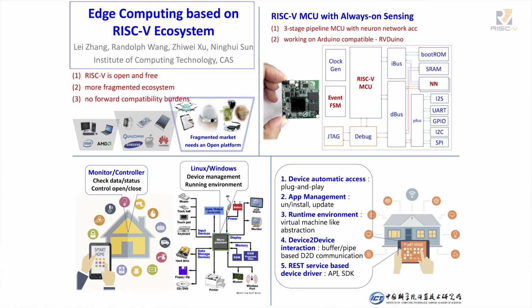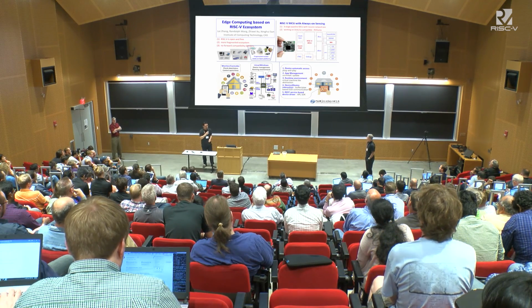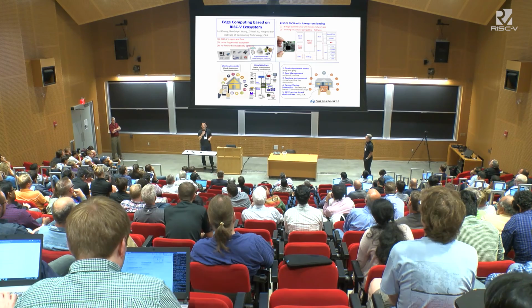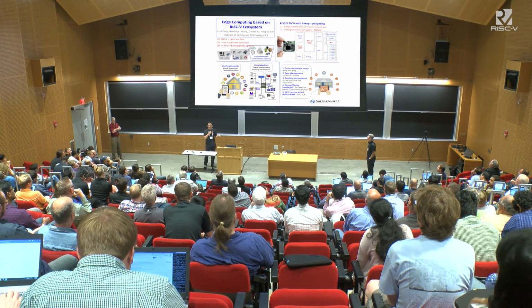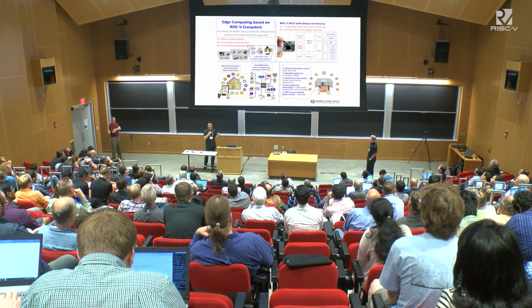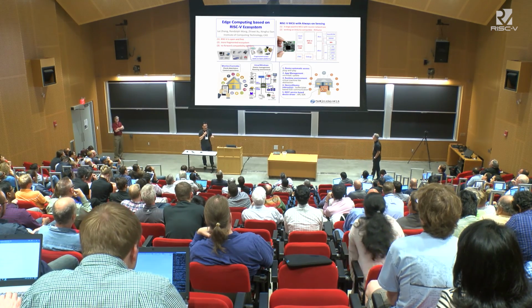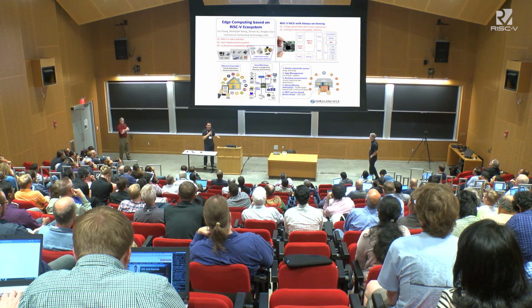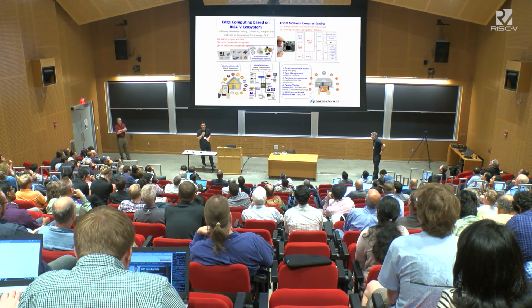And also in this area, we don't have some legacy burden. So we believe that RISC-V will be successful in this area. So we focus on this. And what we are doing is that we use the RISC-V core to build an SoC. We add two features in this SoC. The first one is always-on sensing, because we think that in edge computing, the device should always be sensing the information around it.